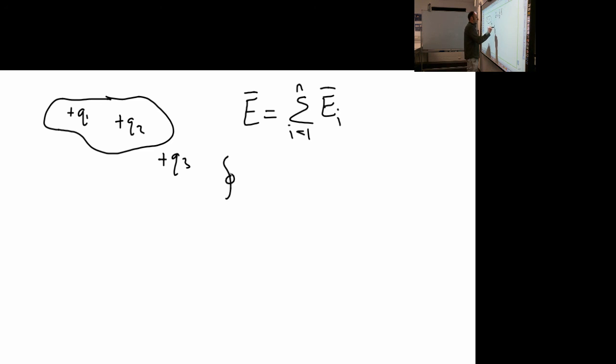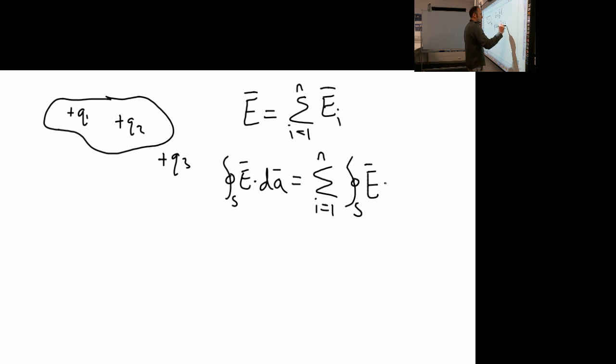So let's write out that flux: the total flux is going to be equal to the integral of E dot dA, and similar to the electric field, we're going to have a summation of E_i dot dA.